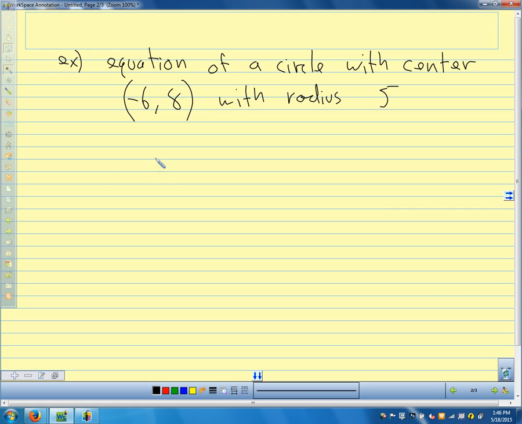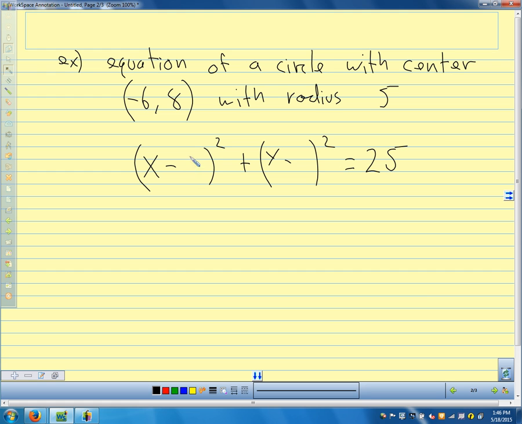Our equation is always going to look like x minus something squared plus y minus something squared equals r squared. Our radius is 5, so 5 squared is 25.